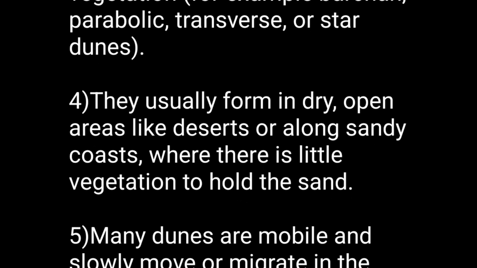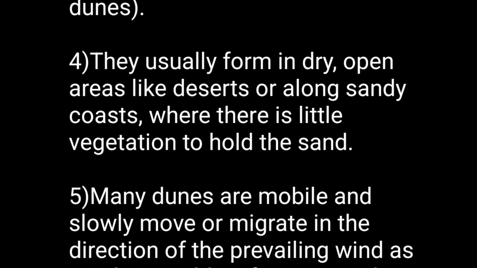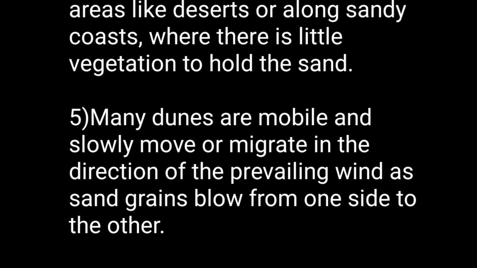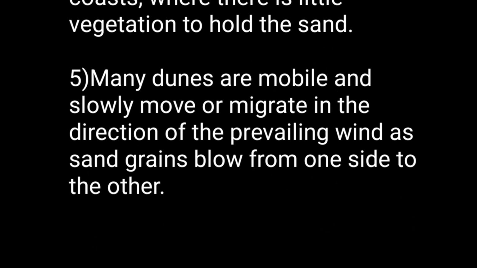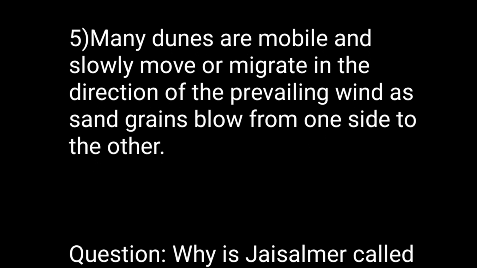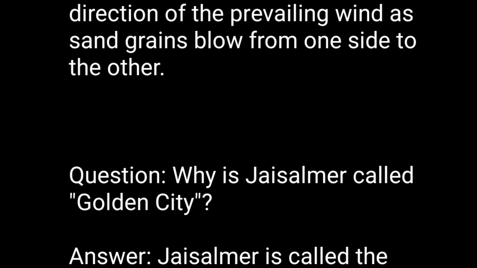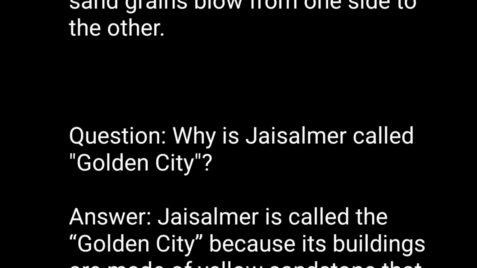They usually form in dry, open areas like deserts or along sandy coasts, where there is little vegetation to hold the sand. 5. Many dunes are mobile and slowly move or migrate in the direction of the prevailing wind as sand grains blow from one side to the other.